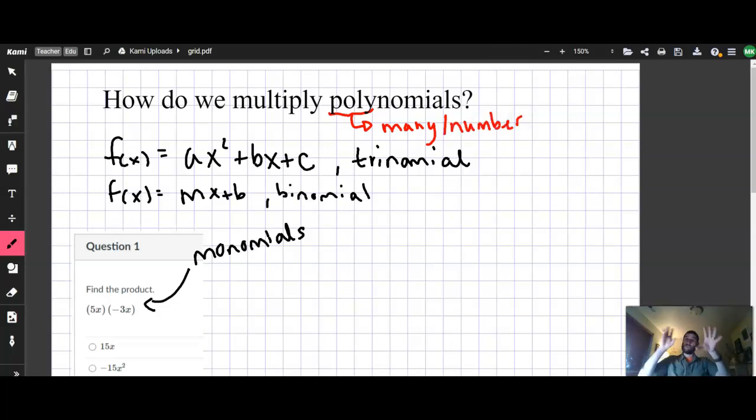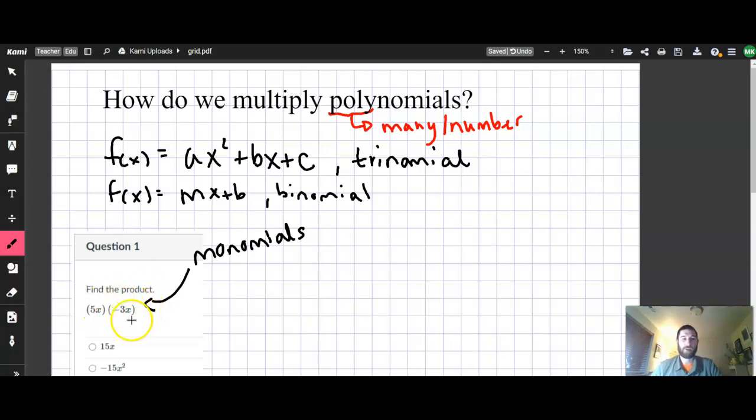It's the umbrella word, the big word to say that we have all of our trinomials, binomials, monomials, and ones with 4 terms, 5 terms, 6 terms, all being added together. And we're talking about multiplying those polynomials together.